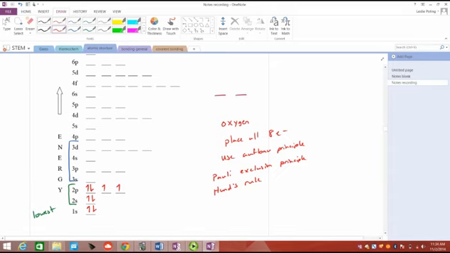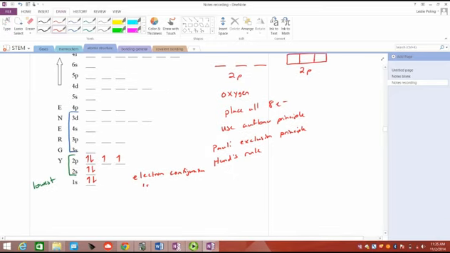And instead of this for the 2p, you can see this. And they're both okay ways to do it. So we would write this as the electron configuration 1s2, 2s2, 2p4.